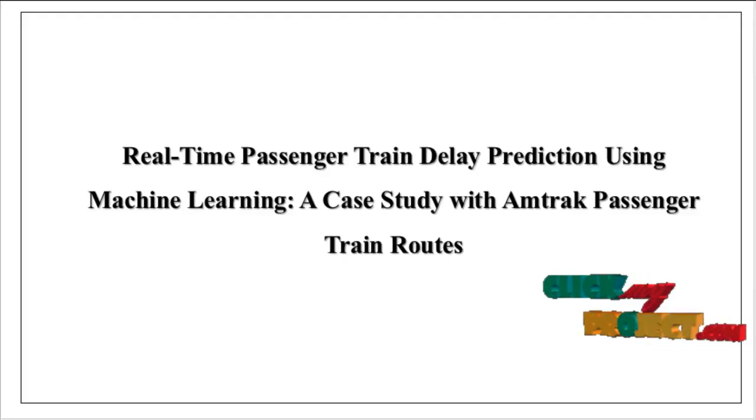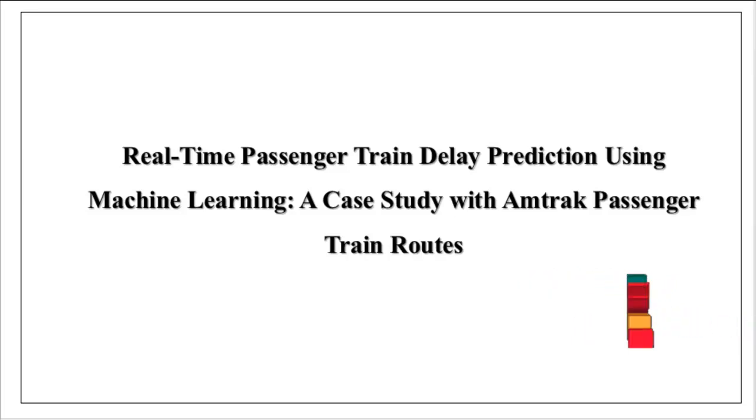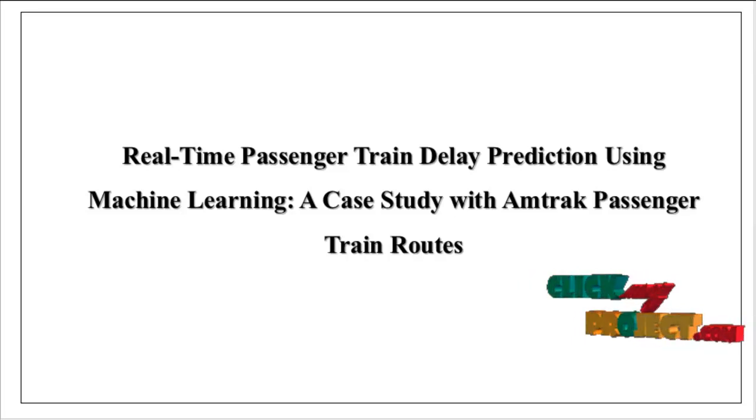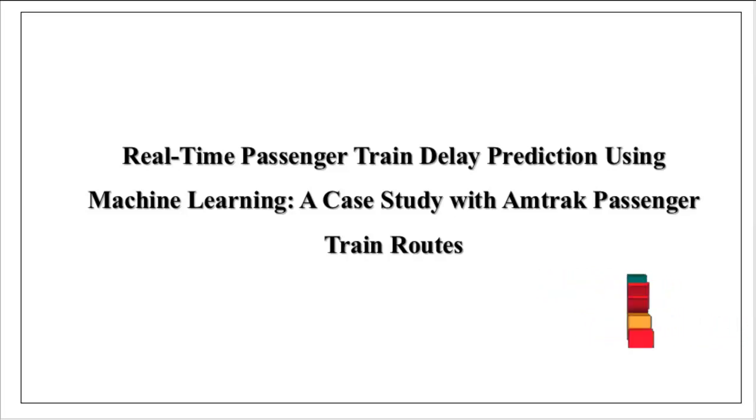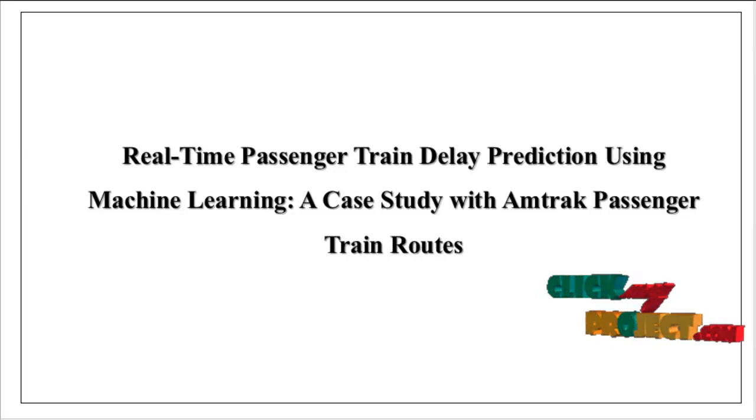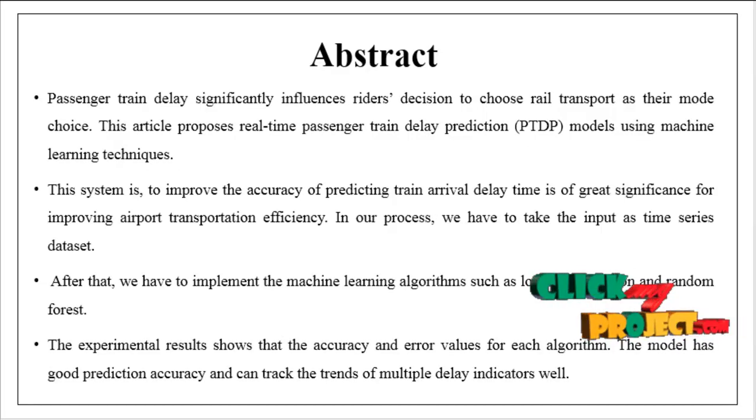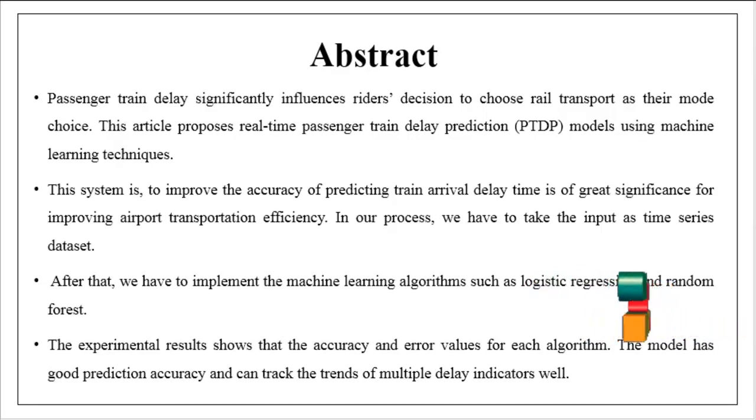We are going to discuss real-time passenger train delay prediction using machine learning, a case study with Amtrak passenger train routes. Then we are going to see an overview of our project.